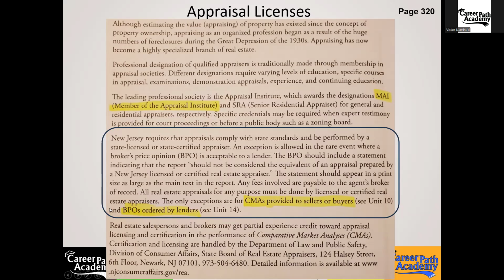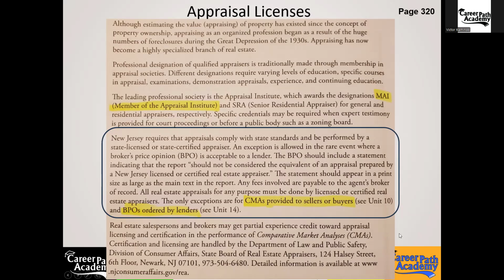A BPO is a little bit different than a CMA because a CMA is a presentation we're doing for sellers and buyers to let them know what the value of their property is worth, but it's a presentation. The BPO is more similar to an appraisal and requires a little bit more work, and we get paid for those, but got to get paid through your broker.